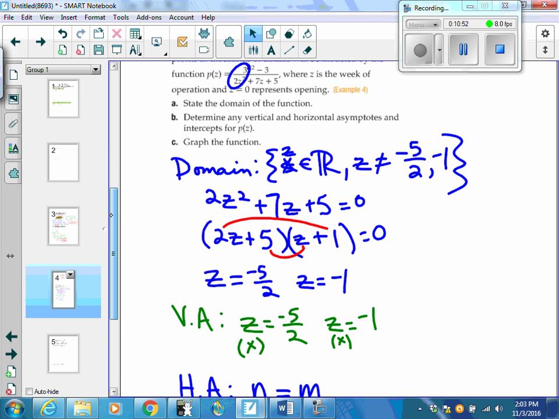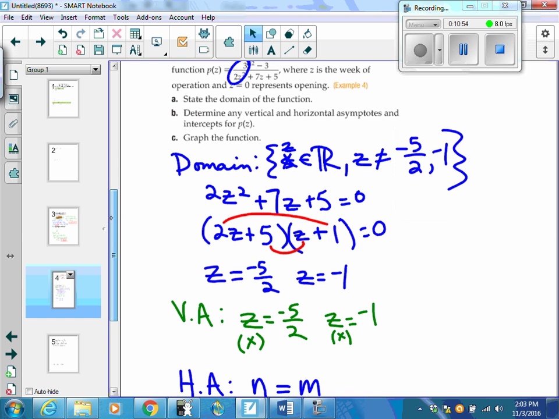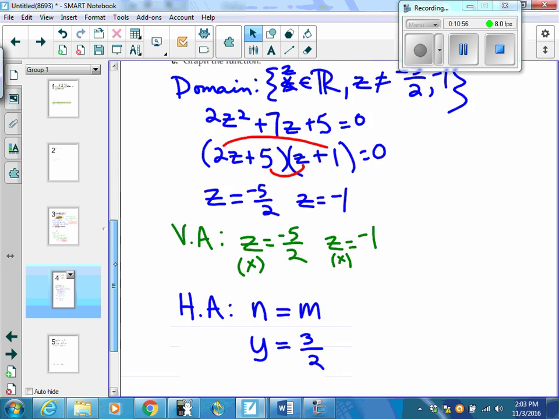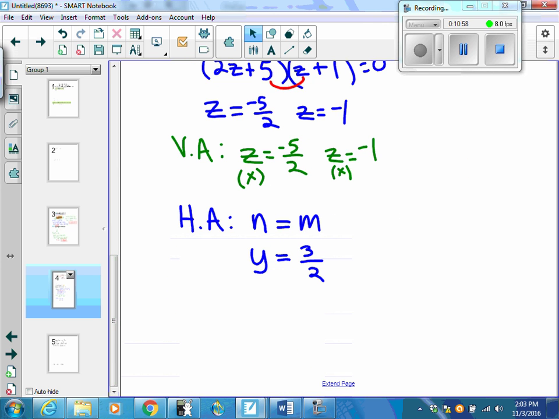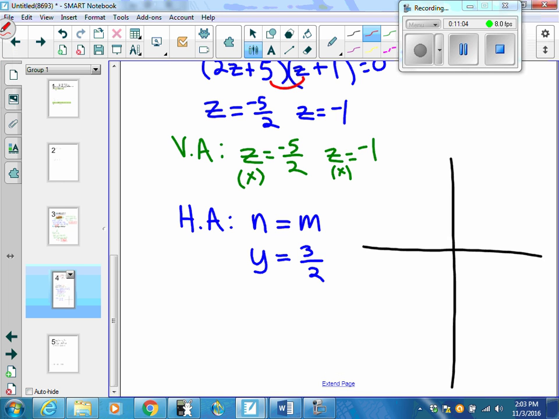The last part asks us, well, we could do intercepts, but then we just want to graph our function. And I'll kind of leave that up to you here, but I'm just going to put in my asymptotes for right now. I know I have vertical asymptotes at -1. And I have one at -2.5, which is -5/2.